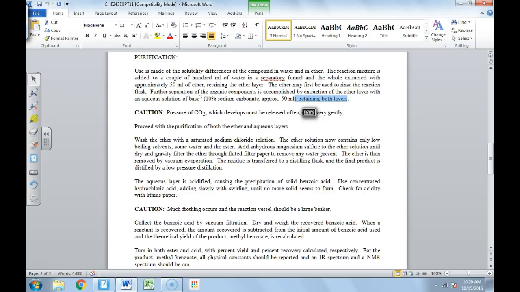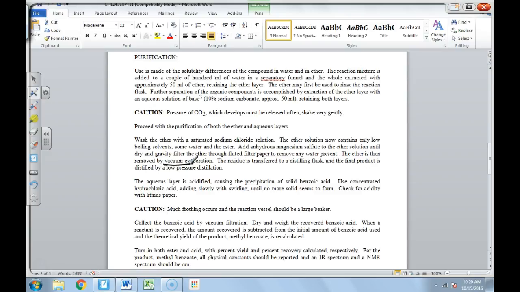The ether solution contains low boiling solvents, some water, and the ester. Add magnesium sulfate to get rid of any of the water that's left over. The ether solution, we gravity filter through fluted filter paper, which we did in experiment 9, and then the ether is removed by vacuum evaporation. So that's going to be done by rotovap. We're going to rotovap it.